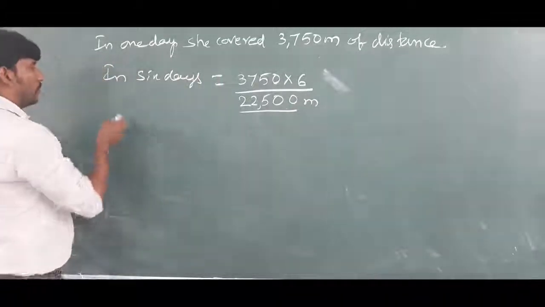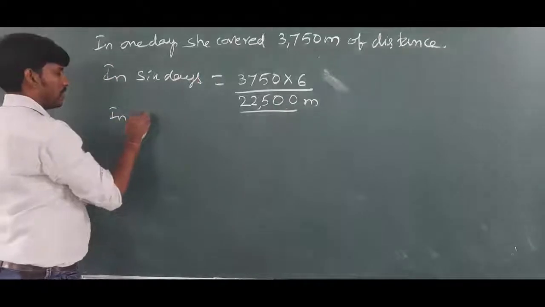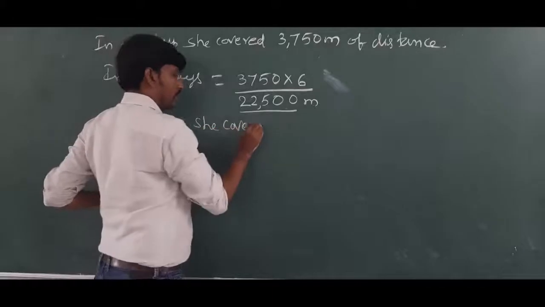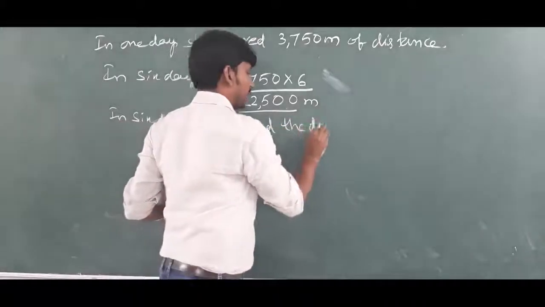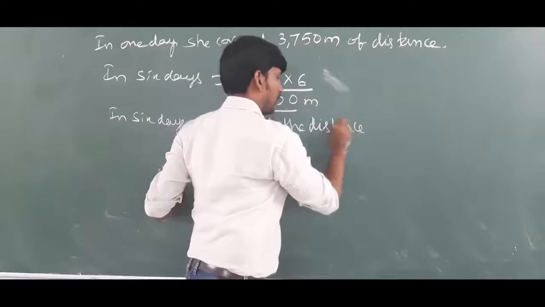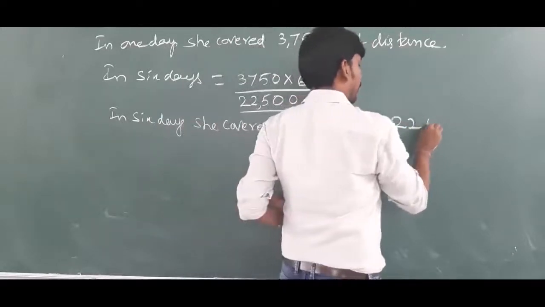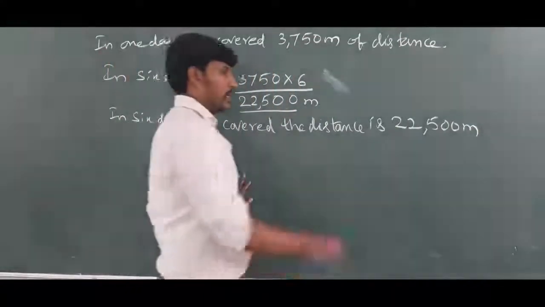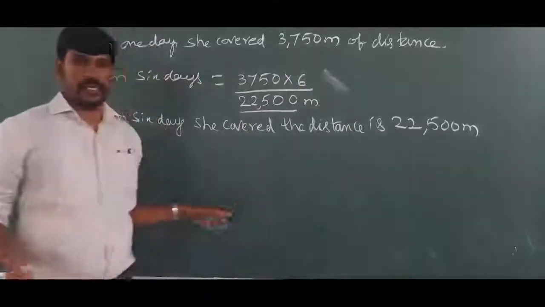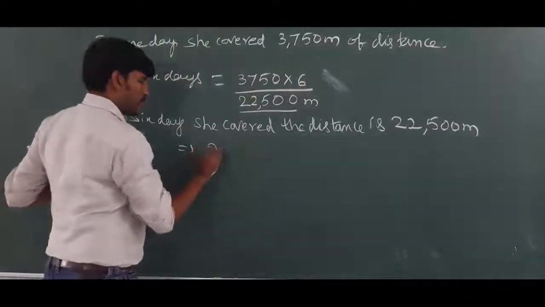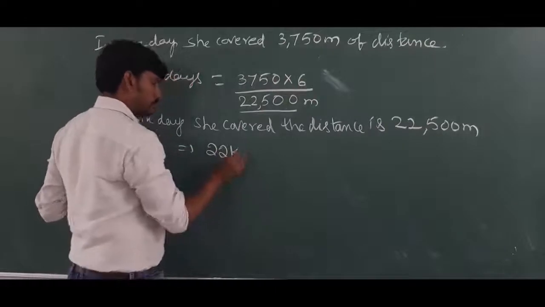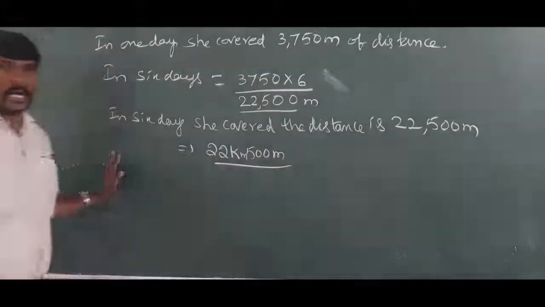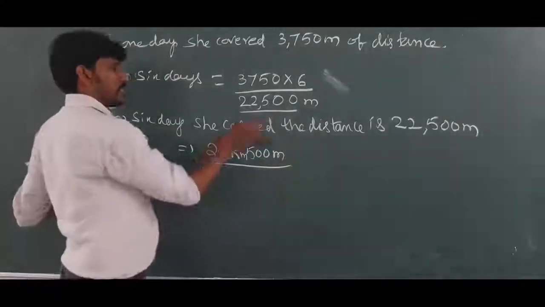So in 6 days she covered the distance of 22,500 meters. How to convert into kilometers? Divide by 1000, you will get the answer. So 22 kilometers 500 meters. This is the answer she covered in 6 days.